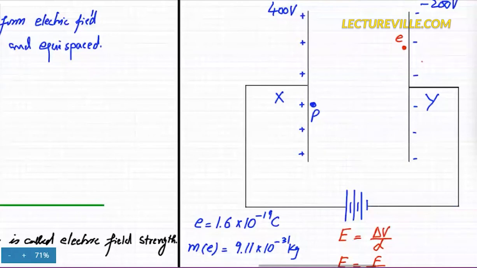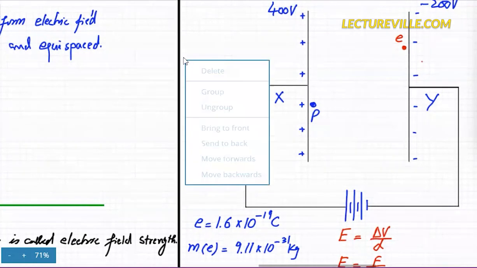Amna and Uswa, did you get the acceleration? Sir, how many decimal places do we take?